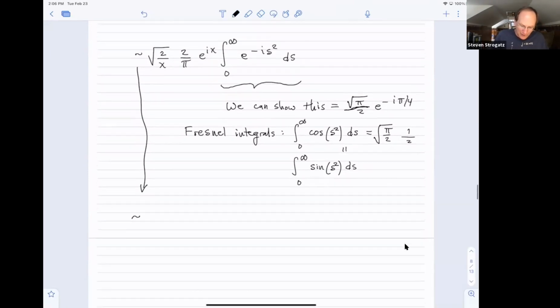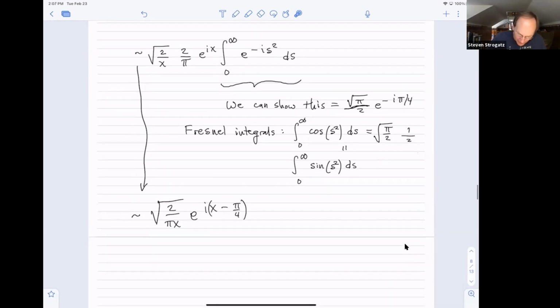So assuming that I now have the integral correctly, I'm getting square root of 2 over pi x, e to the i x minus pi over 4. The pi over 4 is coming from that e to the negative i pi over 4 that I had in this formula above. And now, remember, I'm supposed to take the real part in the last step to get what I'm interested in.